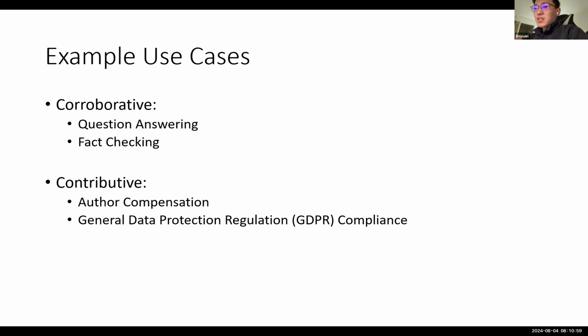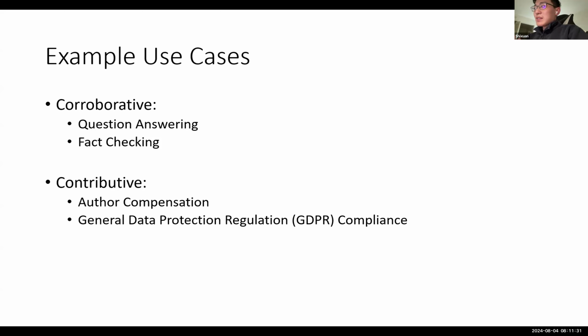Such work may have some license, and in order to recognize the effort or the contribution of these human authors, contributive attributions can look into the training instances and see which of them are contributing to the success of the generative model. By doing so, we could compensate the authors afterwards.